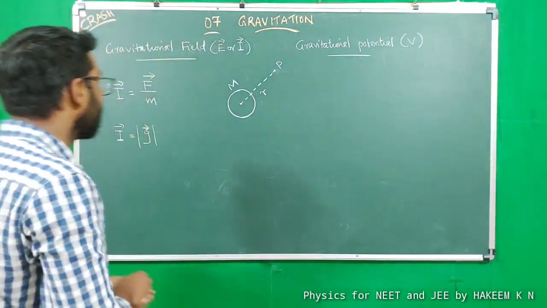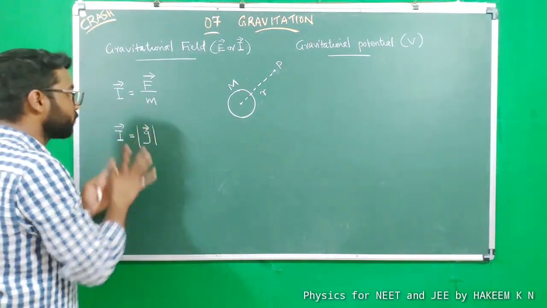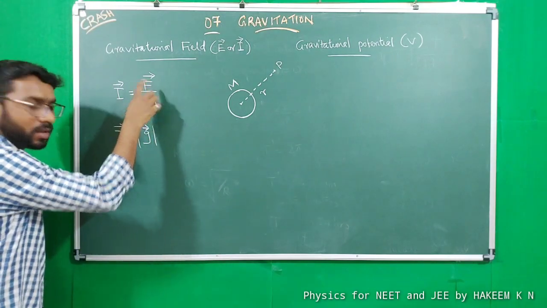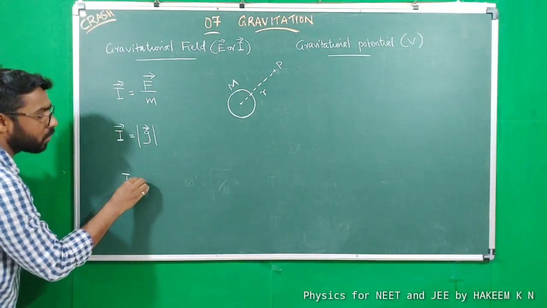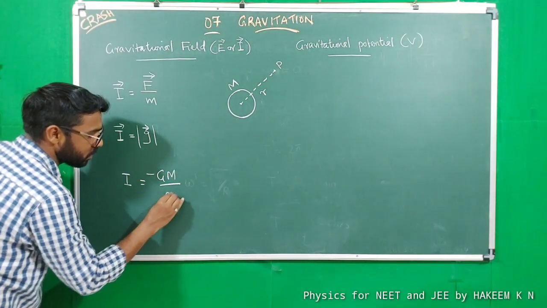So I equals the magnitude of g, and if you take the direction of force here, we will get I equal to minus Gm by r square.